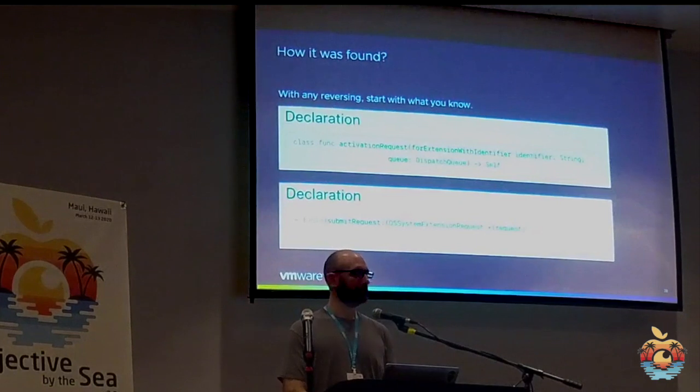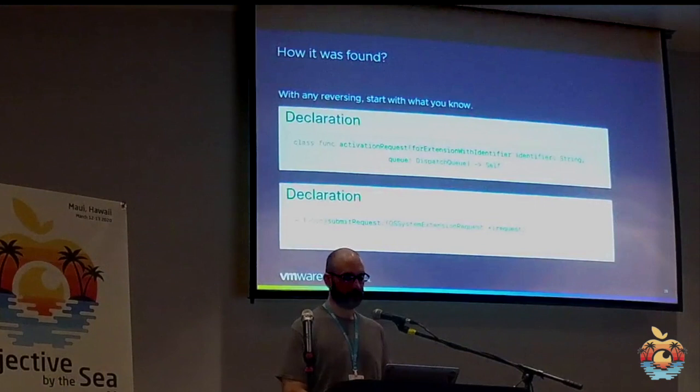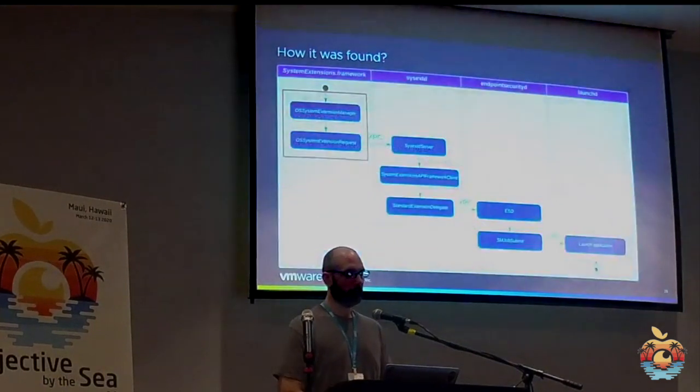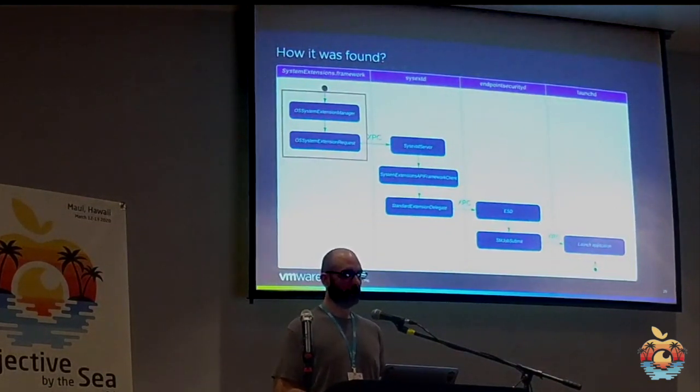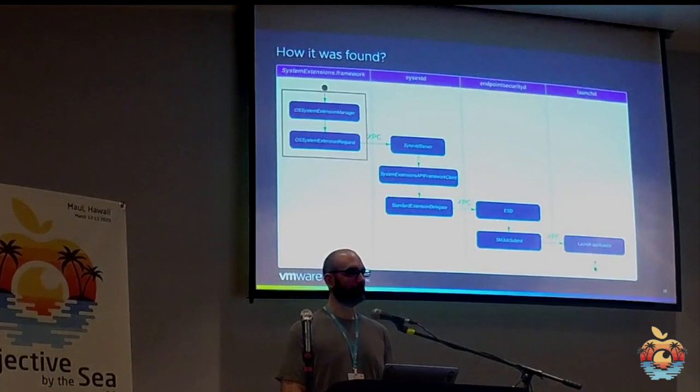In this case, here are a couple of snippets from the system extension framework documentation. You have an activation request and then submitting that request to the system to try to activate your system extension. In the system extension framework, there are a couple of different classes that are interesting. There's this OS system extension manager, which I think is the one you're actually using in your user application, and Apple does have some documentation on it.